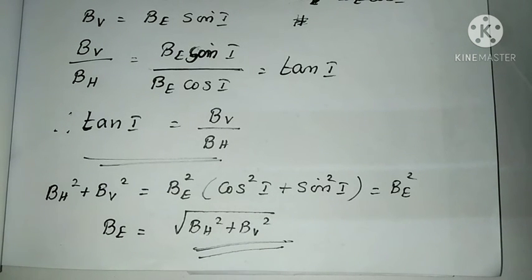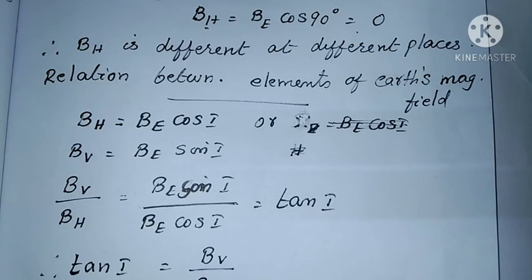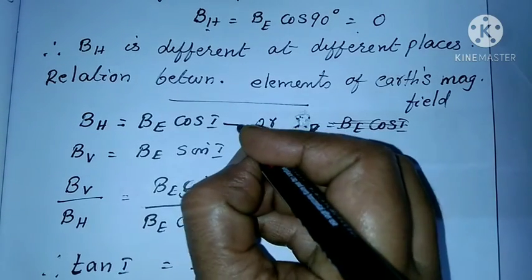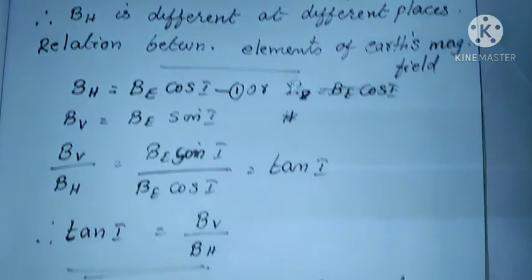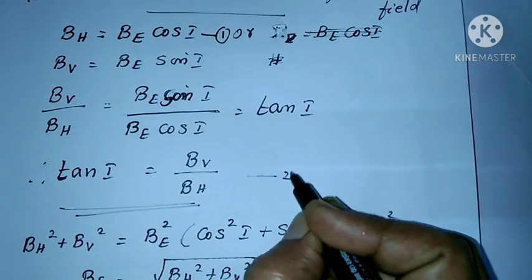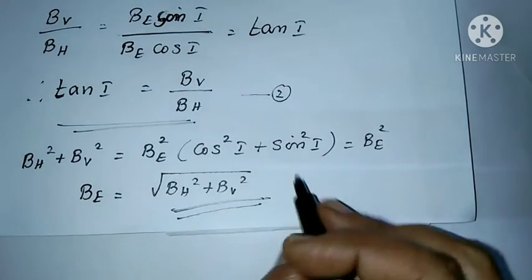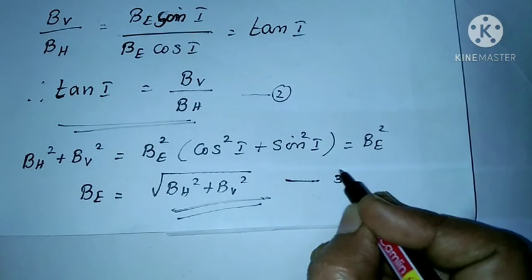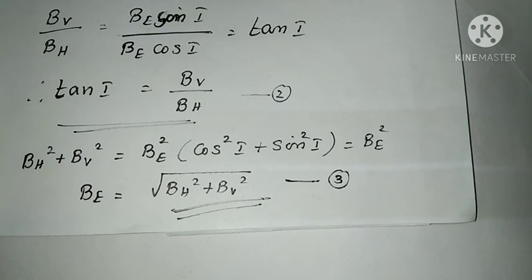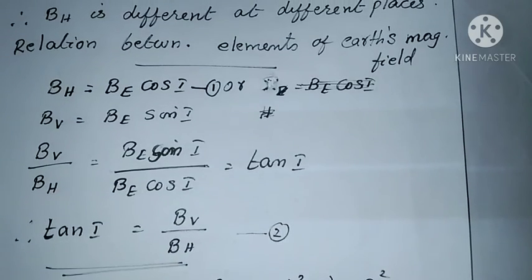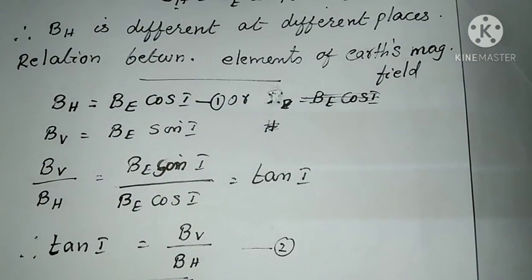This is equation number 1, this is equation number 2, and this is equation number 3. All these equations 1, 2 and 3 are the different relations between the elements of Earth's magnetic field. By knowing these three elements, we can determine the magnitude and direction of Earth's magnetic field at any place.